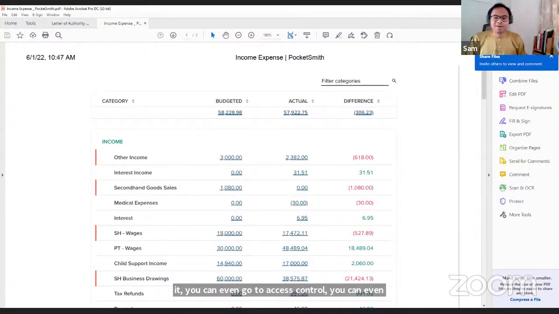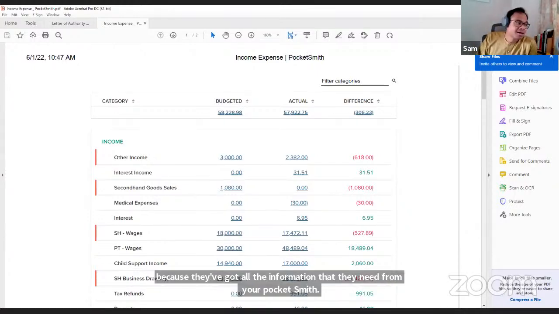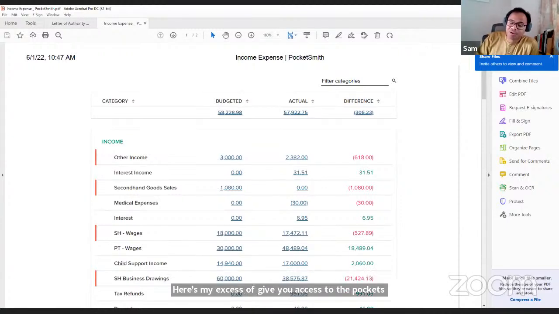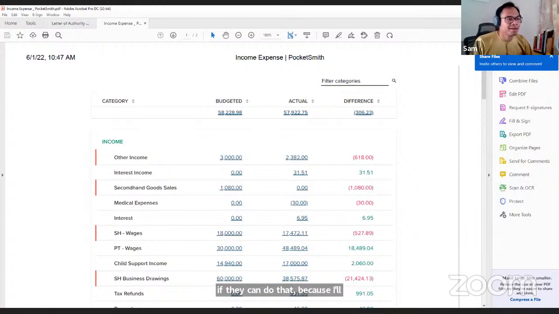So if you've got a mortgage broker who is PocketSmith friendly, you can invite them onto your PocketSmith and you don't even have to print out this report for them because they've got all the information that they need from your PocketSmith. You just go like, all right, cool. Here's my access. I'll give you access to the PocketSmith and you can go ahead and check it out yourself. Now, I'm not going to say that all mortgage brokers do this, but some of them do. And it's probably worth asking them if they can do that because they'll save you heaps of time in applying for finance.